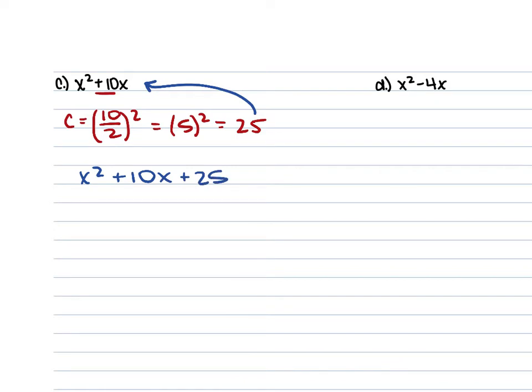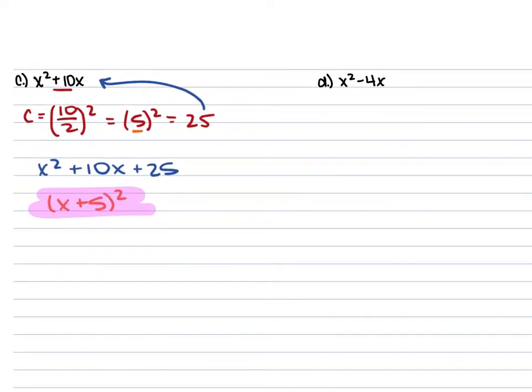Again, you could find your factors of 25 that add up to 10, or you can say to yourself, what was the term inside the parentheses in its simplest form that was squared in order for me to get the 25? It's a positive 5, so I'm just going to have x plus 5 to the second power.